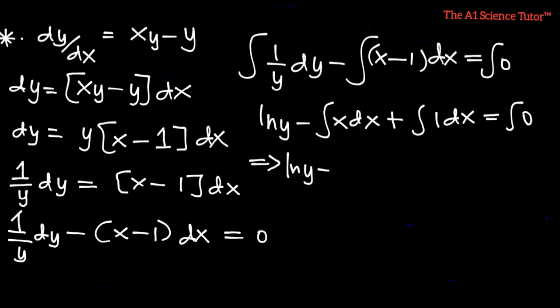So this is ln y minus integral x dx. That should be x squared over 2. And the integral of 1, that should give us x. And over this side, we basically have a constant. So that will be the answer, basically, for this question.